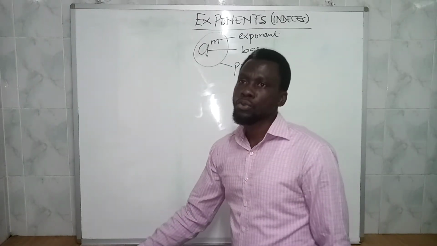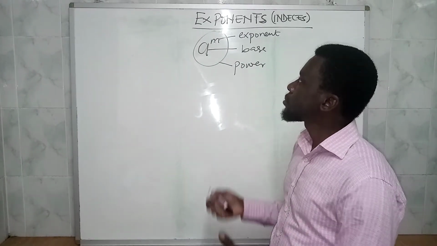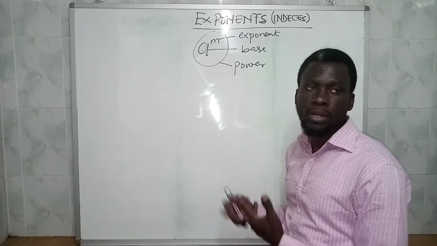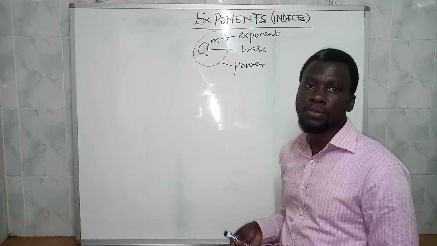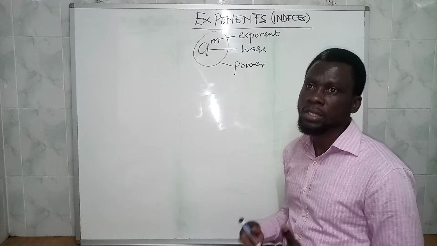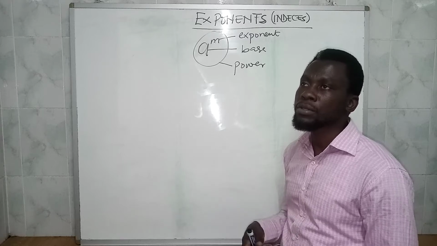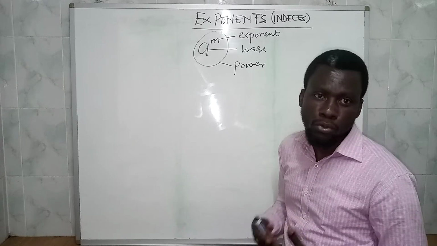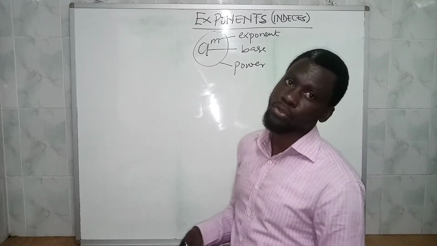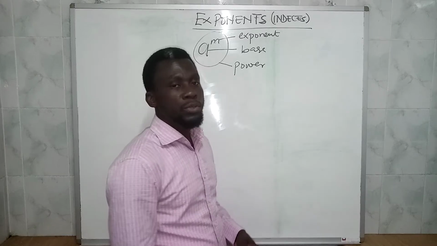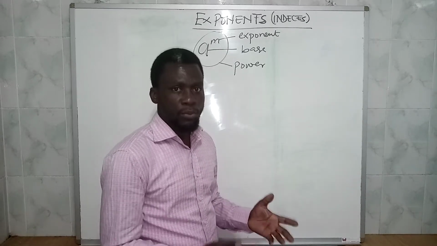Alright. So to be able to solve problems involving exponents, we need to familiarize ourselves with the rules of exponents. Exponent says that if you want to know how to deal with me, then I have some rules that you need to observe. Once you observe those rules, you will be able to deal with me.